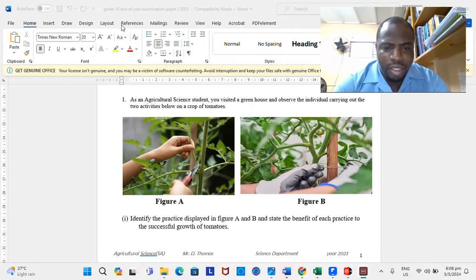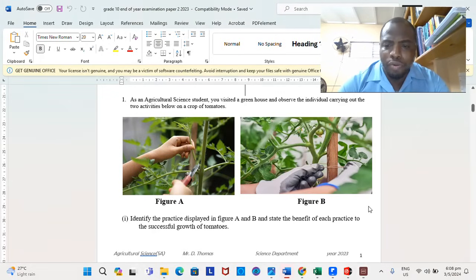Now, in figure A, we see the person utilizing a secateur, and what they're doing, they're basically removing a part of the tomato plant, a branch. Now, this concept is known as pruning.